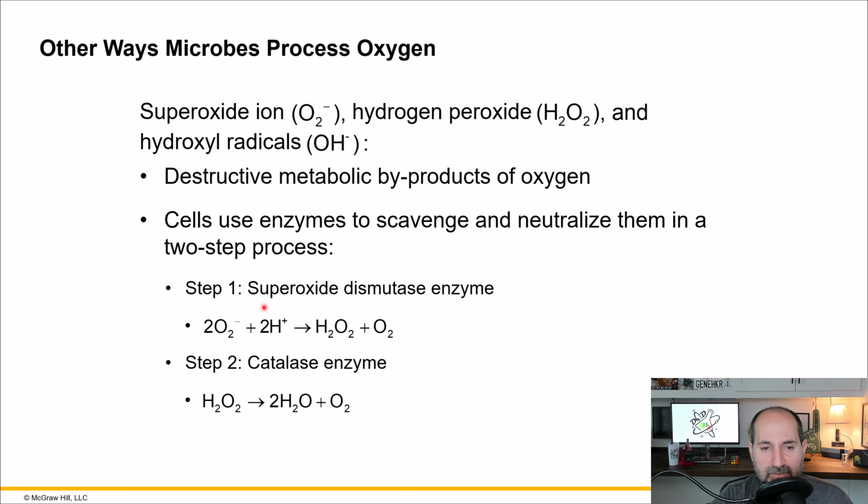Remember the enzymes we discussed in class? Superoxide dismutase enzyme to neutralize superoxide ion, and catalase or peroxidase enzymes, which neutralize hydrogen peroxide. Only bacterium that have superoxide dismutase and catalase are able to grow in the presence of oxygen.